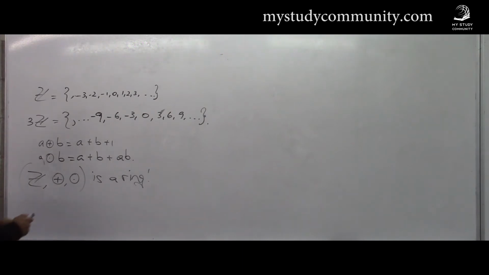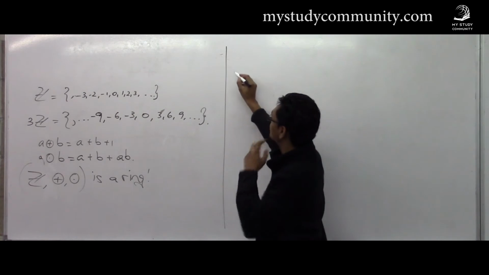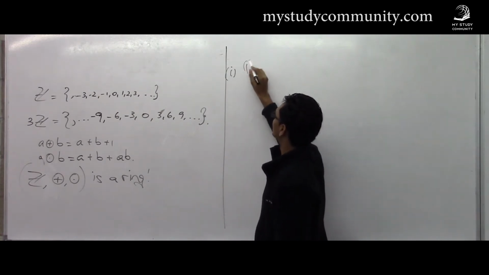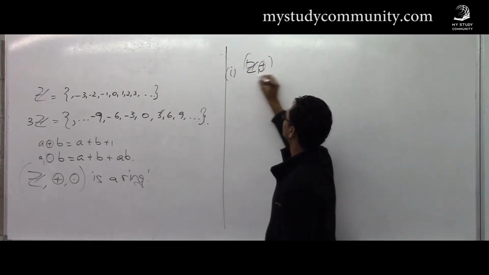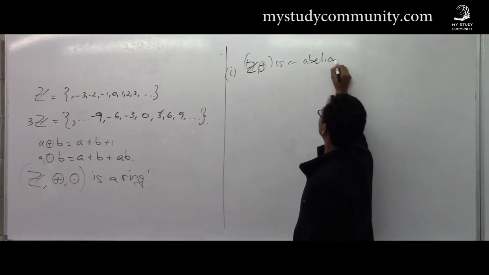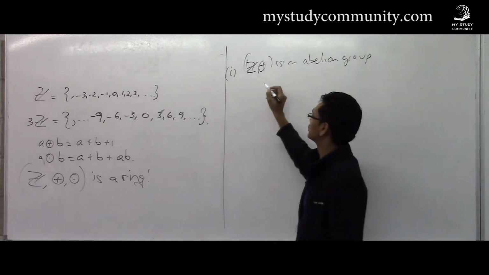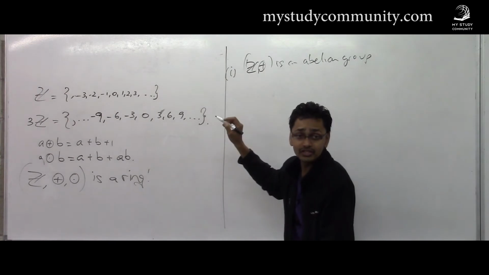All right y'all, so just these steps, that's all I want. So to prove it's a ring, what's the first thing we need to prove? That Z with circle plus is an abelian group. To prove this, what do we need to show? The 5. Y'all should know the 5 by now.